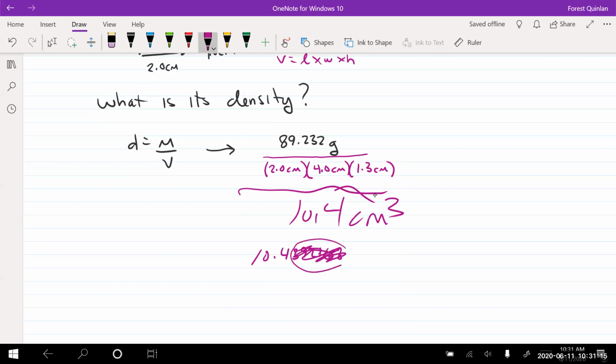You will lose all of this information, which may influence your value at the end. Okay, so if you're going to do all that calculation, go ahead and do it, but make sure you use all of the digits until you get to the end. Just be very careful.